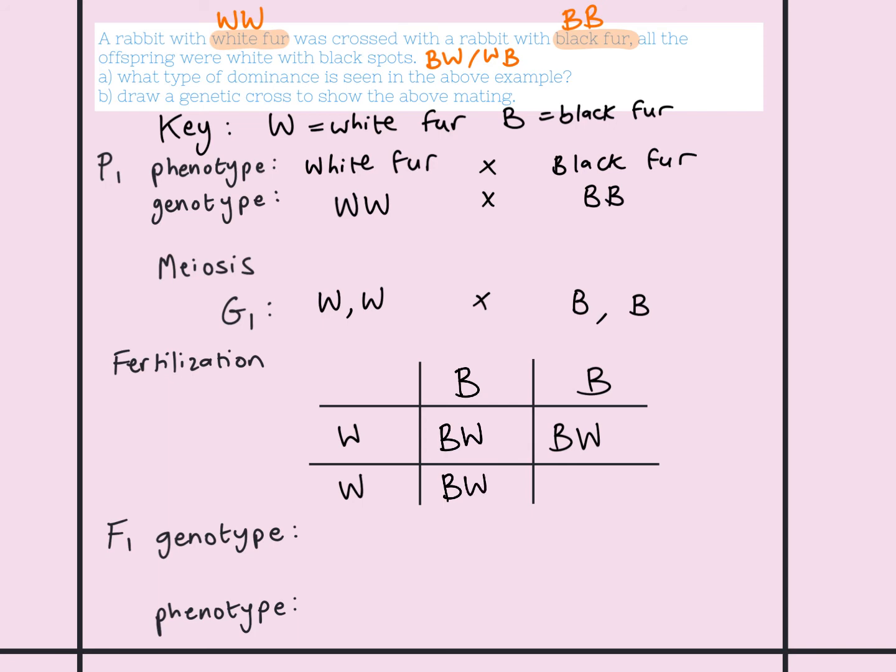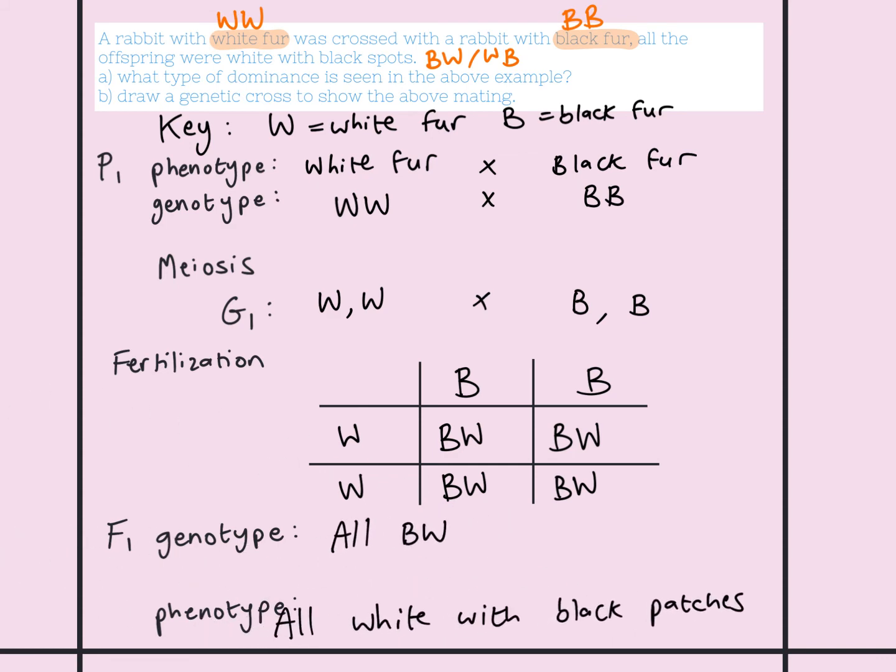Now, it can be BW or it can be WB. It depends on how you choose to write it. So we're going to end up with the genotype of all of our offspring being BW. So all of them will end up having white fur with black patches.